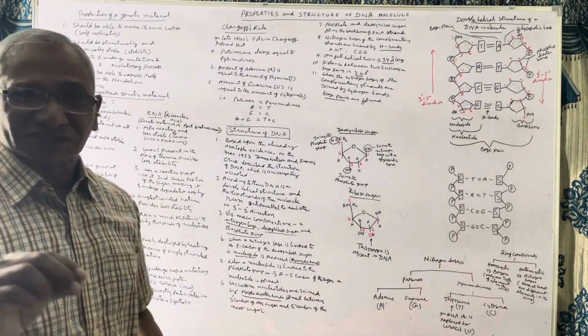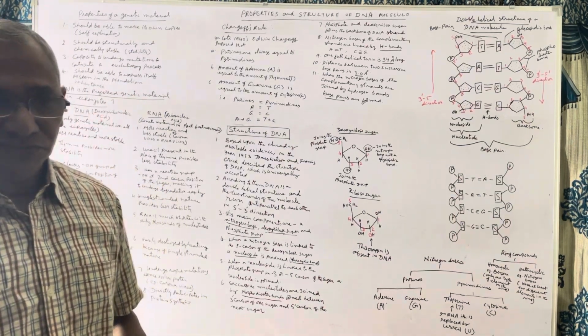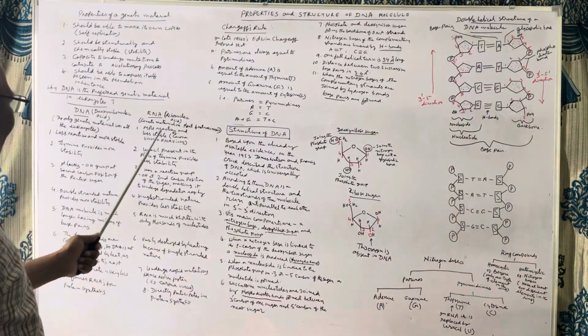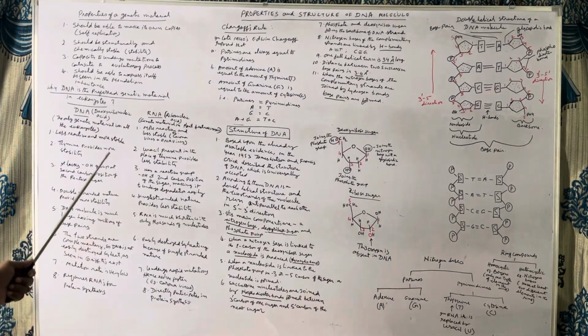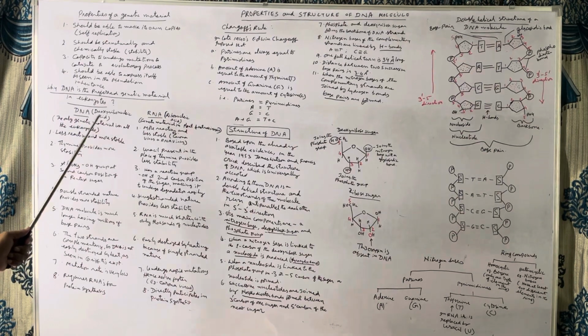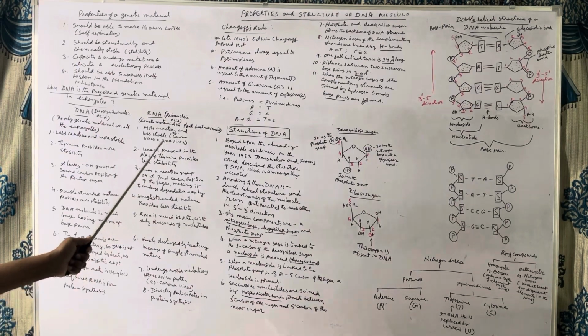You know, these are the acids. They turn the litmus paper into red. Now let us see the differences between these two. Coming to DNA, it is less reactive and more stable. RNA is more reactive and less stable.